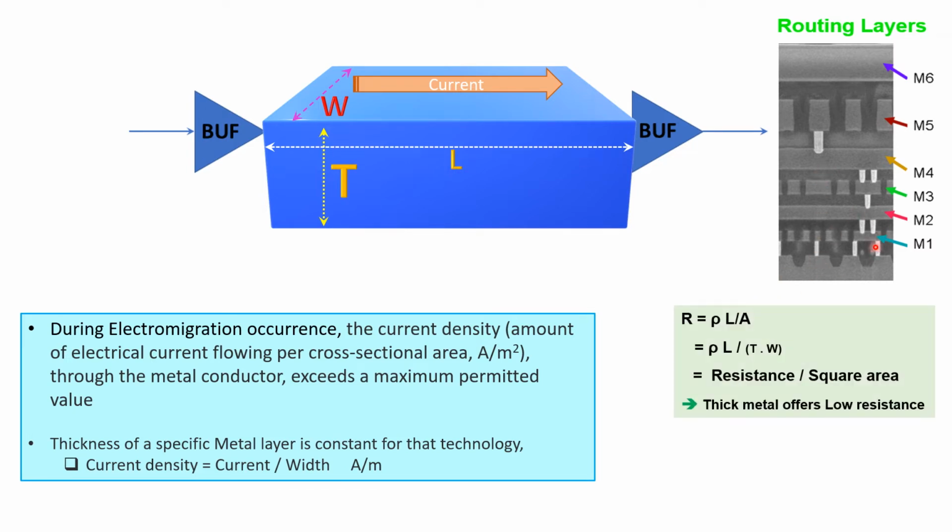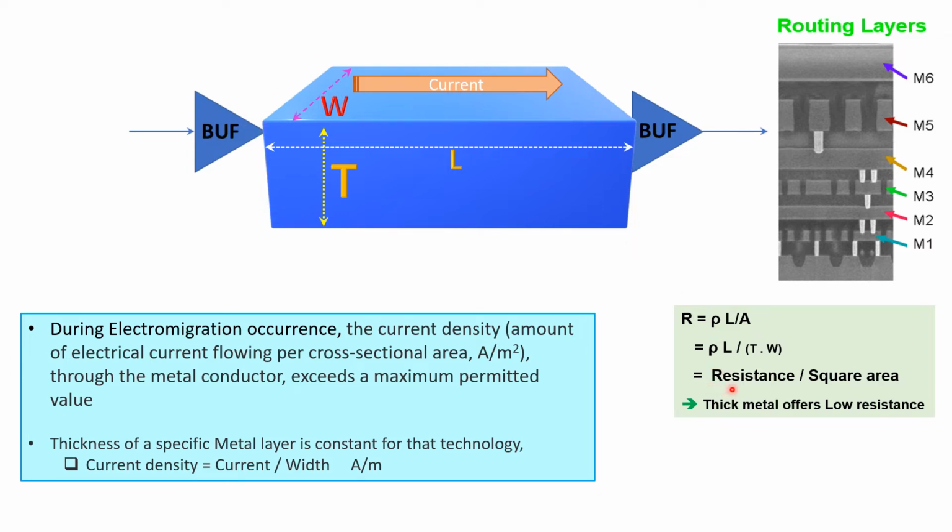So if you take the resistance of a specific metal conductor, the metallic resistor depends, simply speaking, on R equal to rho L by A. Here A means T into W, the thickness and the width.